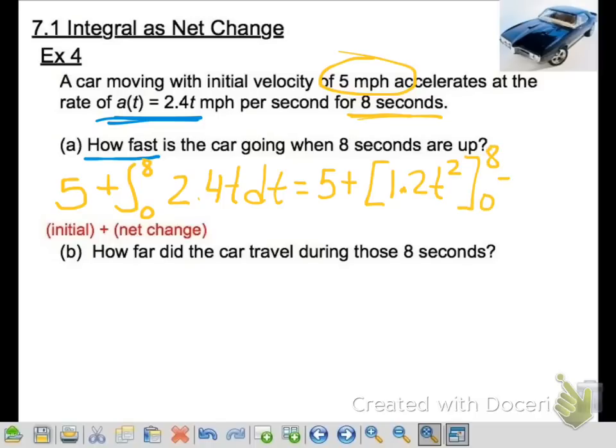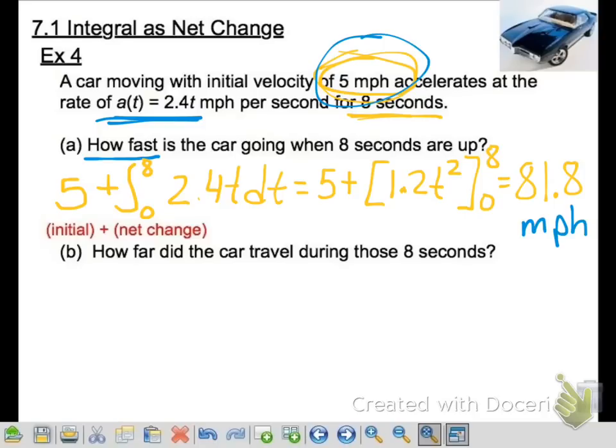Now working that out, I'm going to take a shortcut to speed it up, it will come to 81.8. If we consider the units here, we can see that velocity is in miles per hour, and so this is therefore in miles per hour.